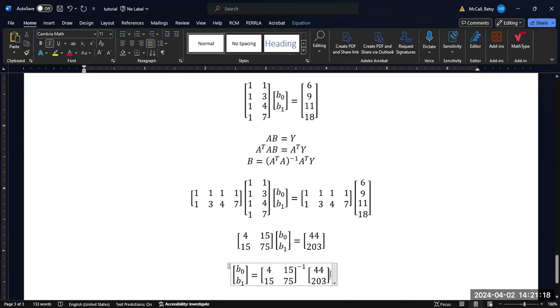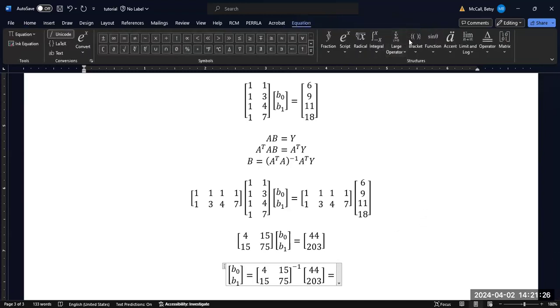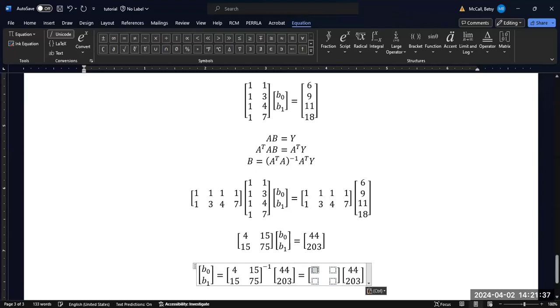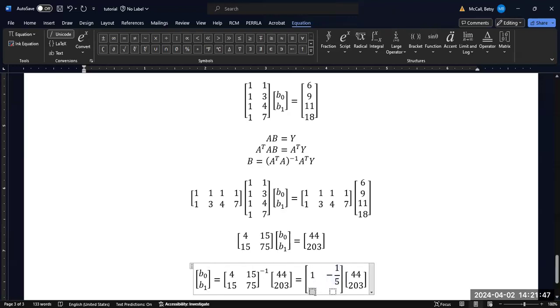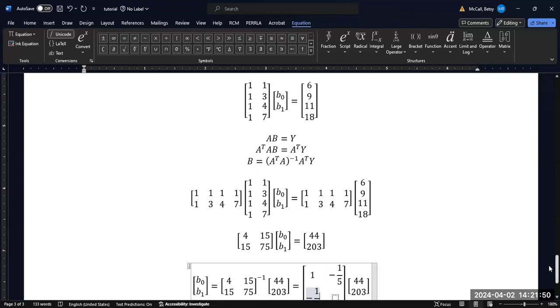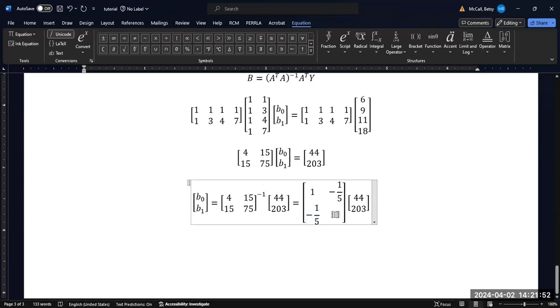And the inverse is going to end up being -1, -1/5, -1/5, and 4/75.